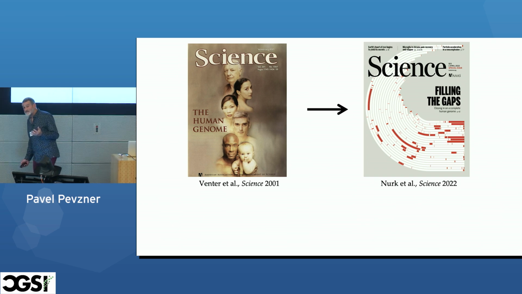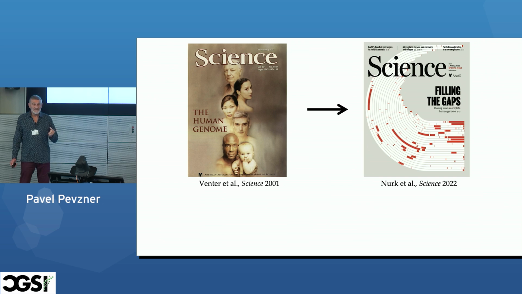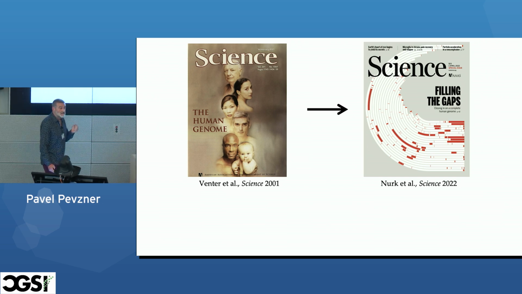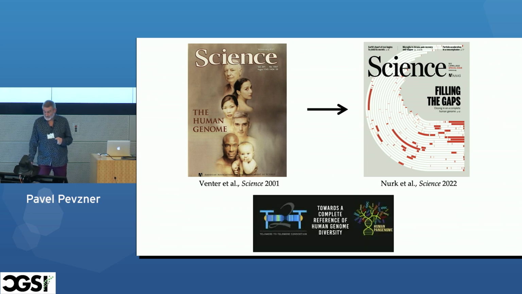Why were they never sequenced before? Because there are regions in the genome that are extremely repetitive and thus very difficult to assemble. Why are they repetitive? For important biological reasons that we will discuss later.